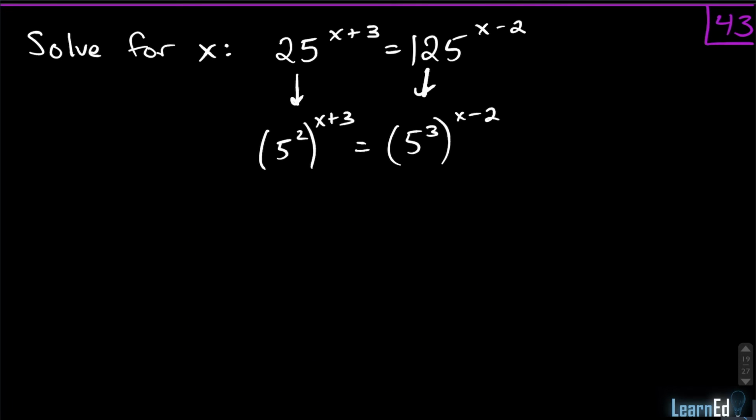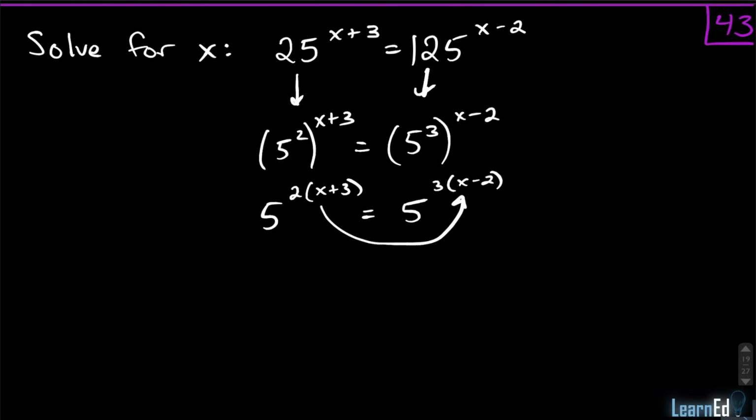Here's why it's nice to write it like that. Remember, when you have an exponent to an exponent, you just multiply them. That's the rule with exponents. So you have 5 to the 2 times x plus 3 equal to 5 to the 3 times x minus 2. Since you have the common bases here, that means that these exponents are equal.